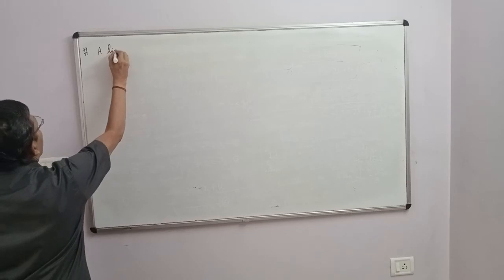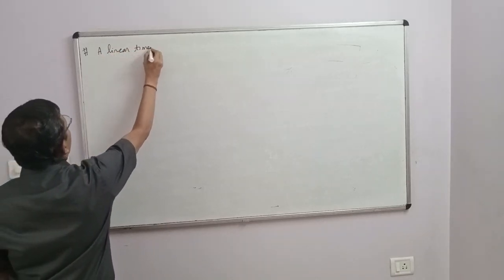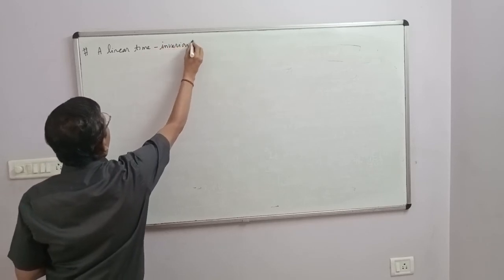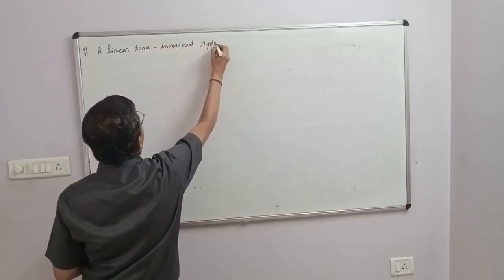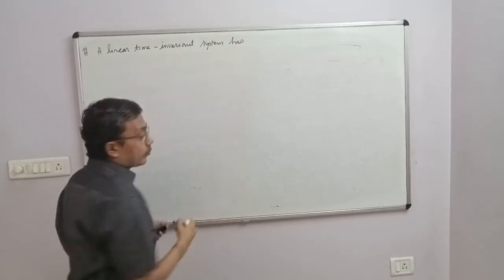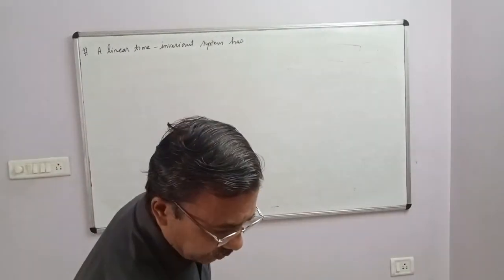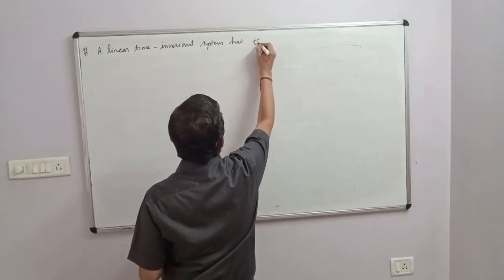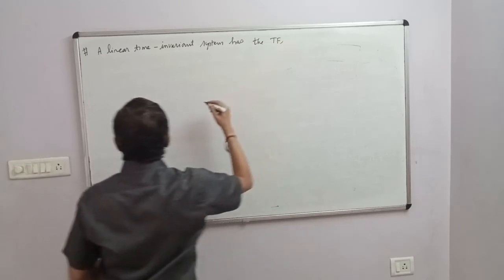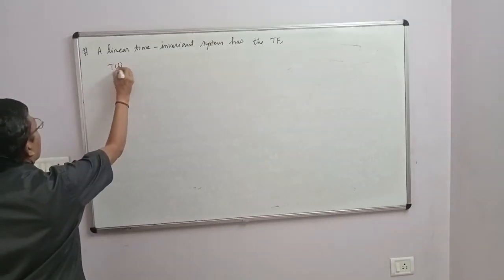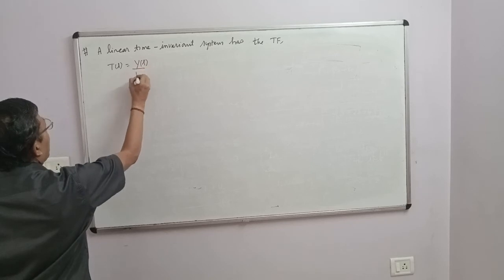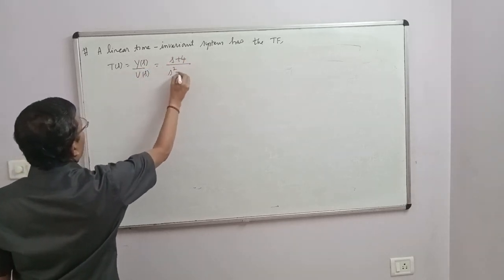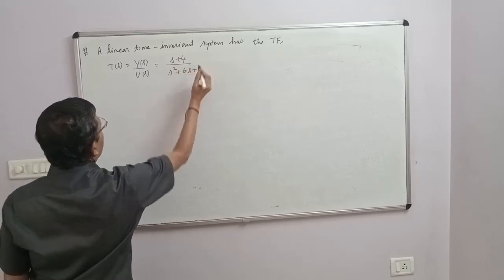A linear time invariant system has the transfer function T of s is equal to y of s divided by u of s is equal to s plus 4 divided by s square plus 6s plus 8.